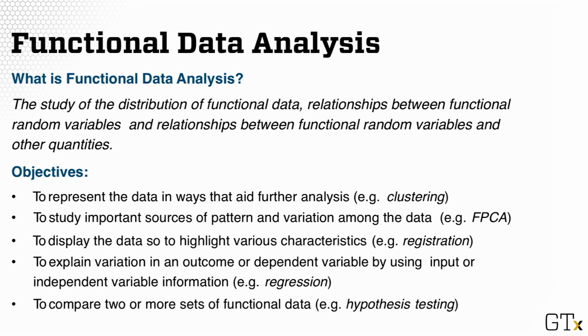Methods for explaining variations in an outcome or dependent variable by using independent variable information, such as functional regression analysis, is one of the largest areas of methodological development and application, since it can capture relationships and associations between complex processes. For example, one may extend the linear regression model to the so-called time-varying regression model, in which the regression coefficients are not constant, but are functions varying in time.